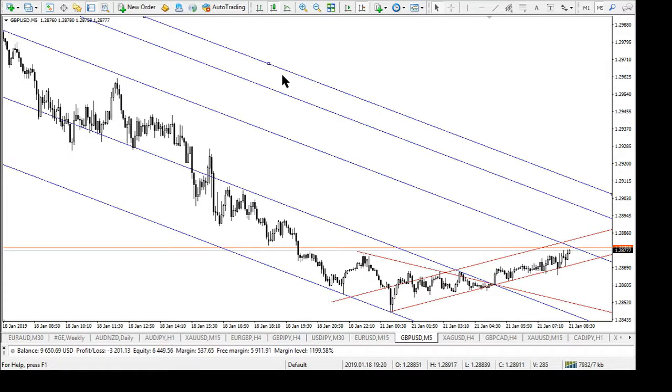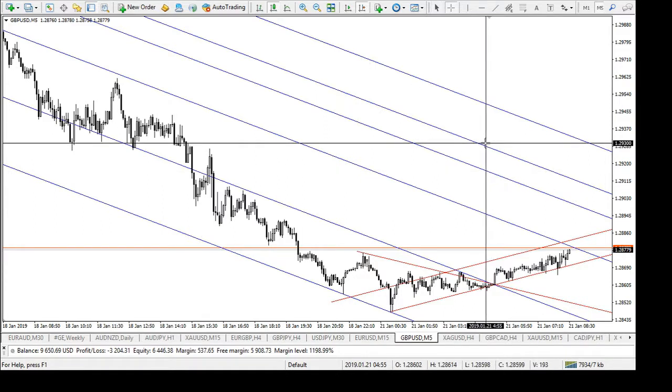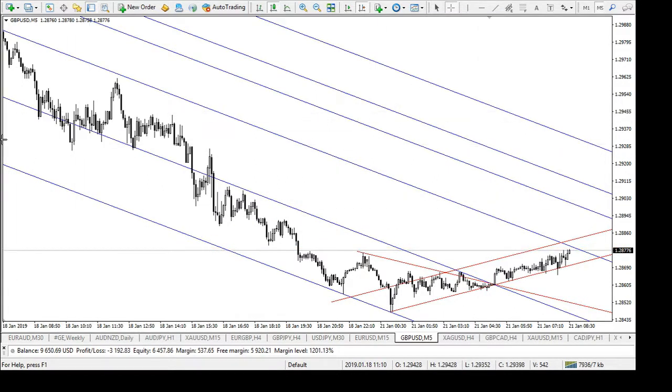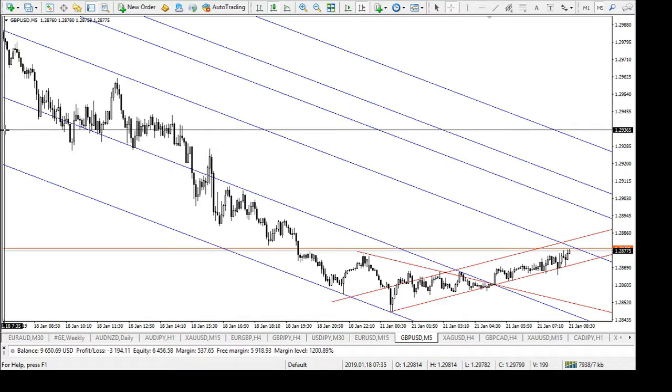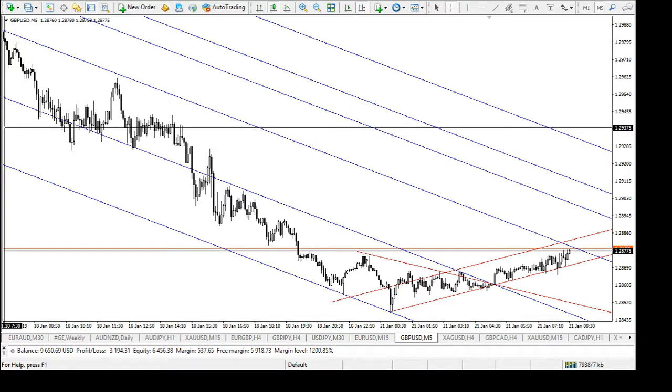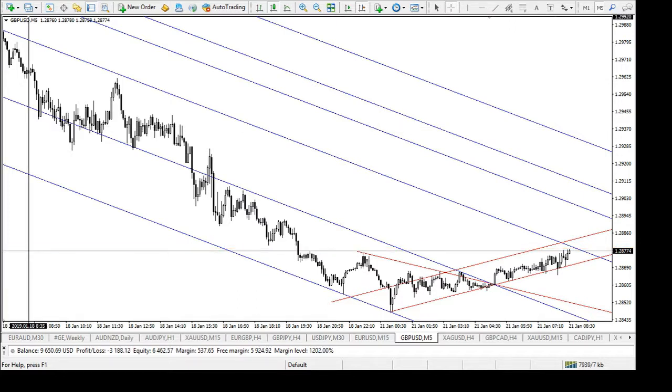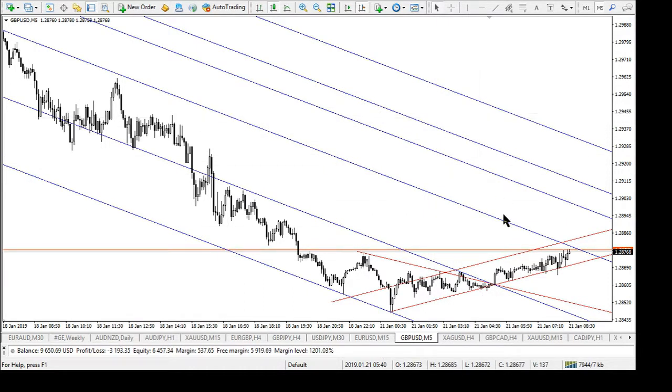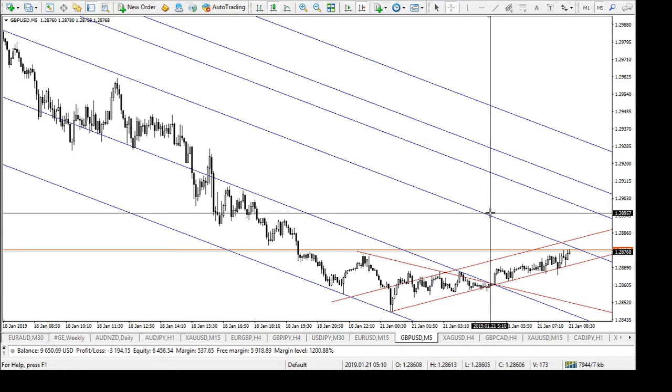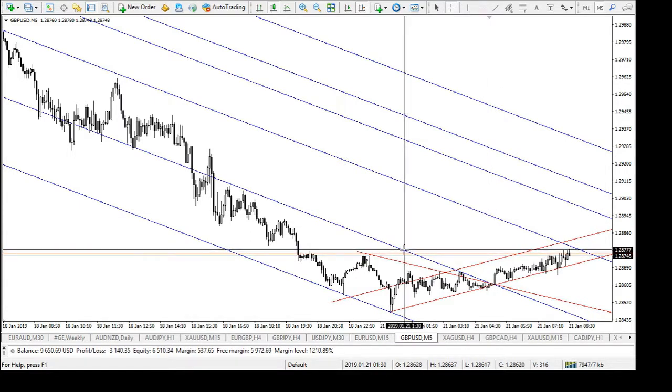Found it, and 268, another very key level. These numbers are quite important as well.